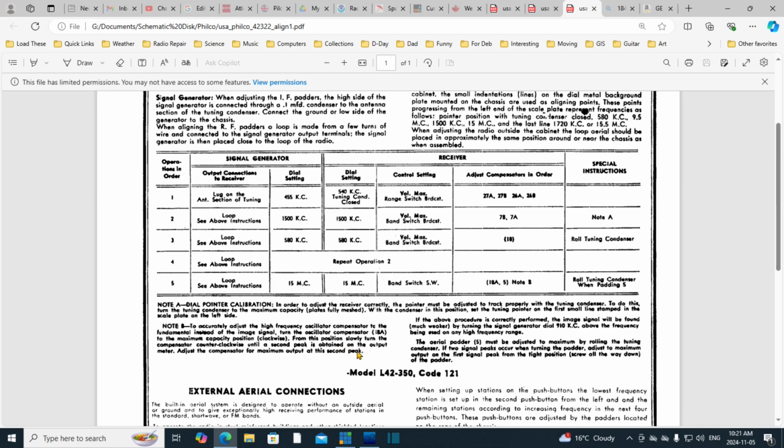Well, that doesn't quite help, but that's how you would do it following their instructions if you didn't have the equipment or the wherewithal to figure it out. But look at this next statement. If the above procedure is correctly performed, the image signal will be found much weaker by turning the signal generator dial 900 kilocycles above the frequency being used on any high frequency range.